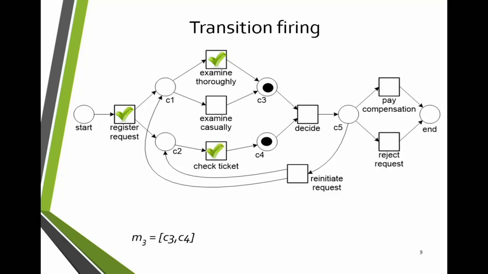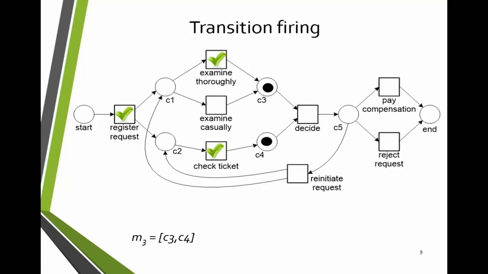Before I continue, one further remark. The construct that you see here, after register request, 2 outgoing places, is actually denoting a parallel construct in a Petri net. You can see this clearly. This top part, this choice between examine thoroughly and casually, is logically and control flow-wise unrelated to the lower part, which is the check ticket part. Right?